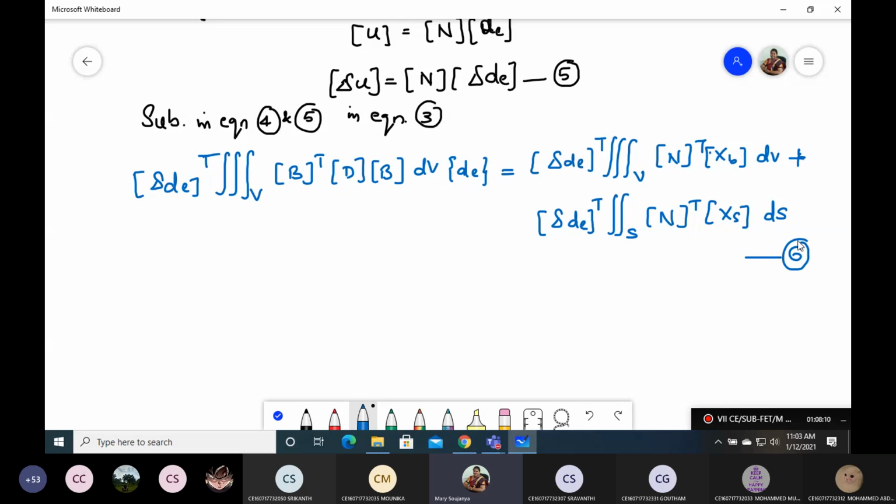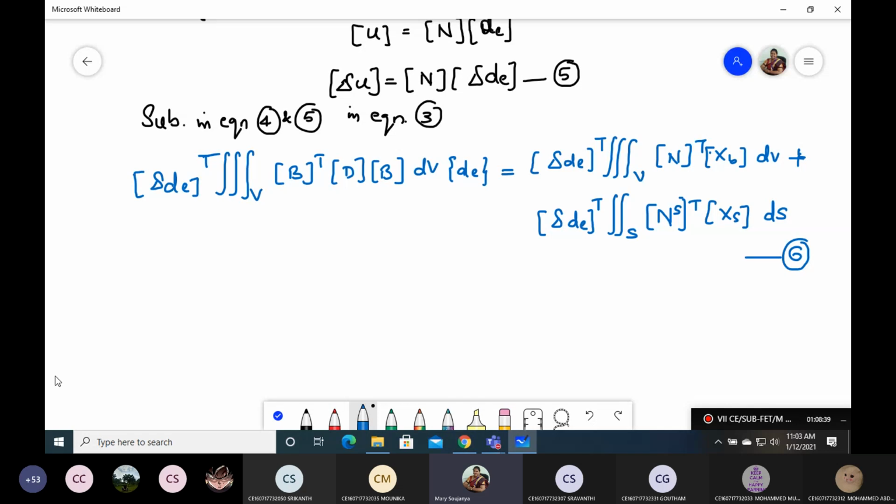Let us take this as equation number 6. Here, when it is about the surface, this becomes NS. Let me write this a little more clearly.